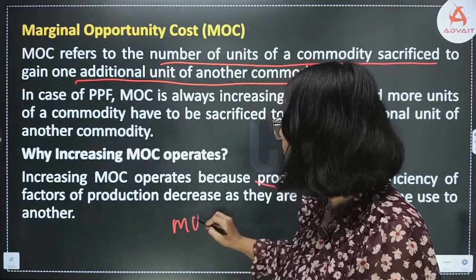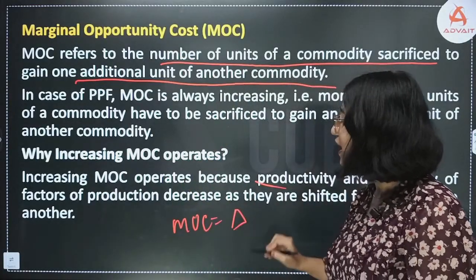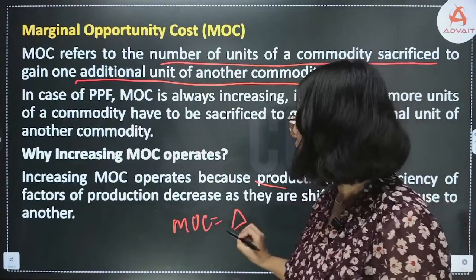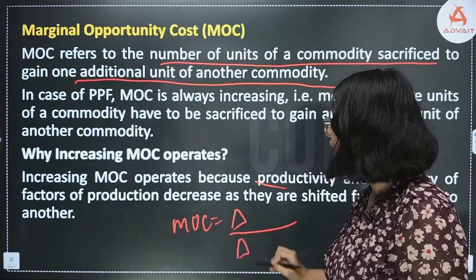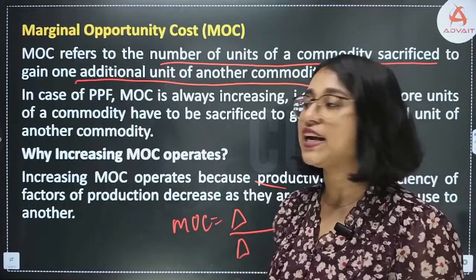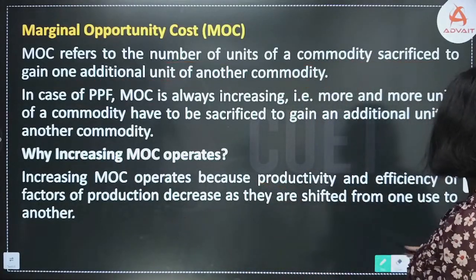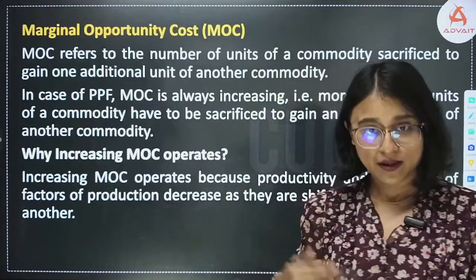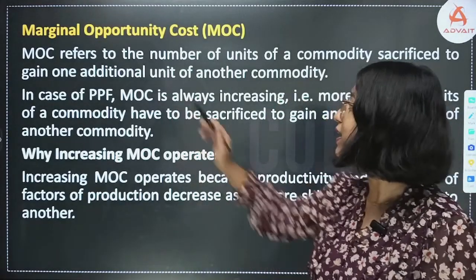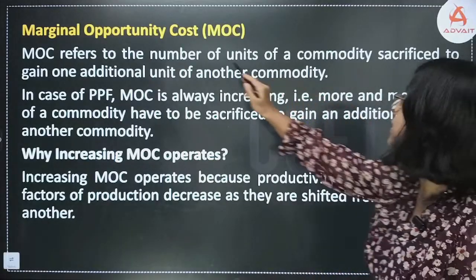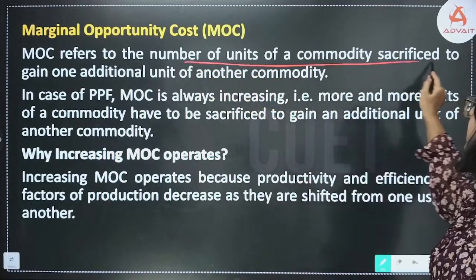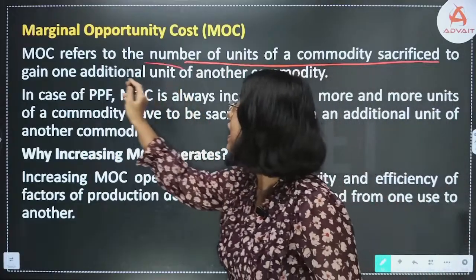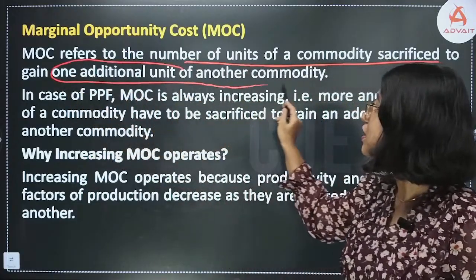MOC is nothing but what we are sacrificing to gain an additional unit of the other commodity, right? So MOC refers to the number of units of a commodity that we are sacrificing to gain an additional unit of another commodity.